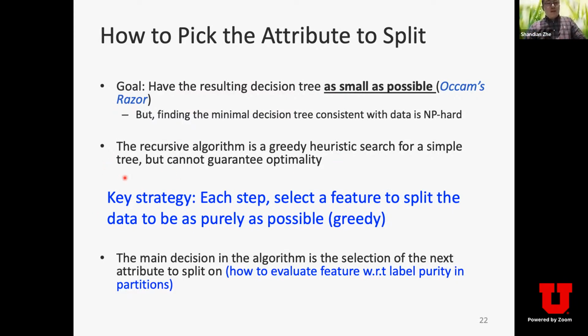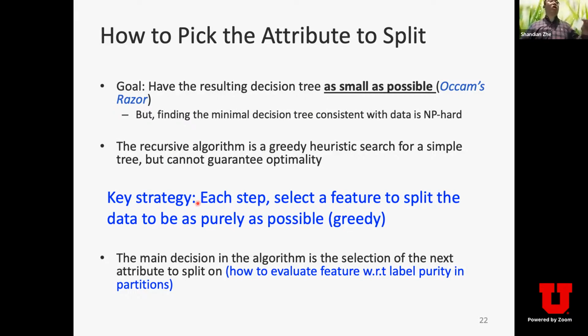And the strategy is as follows. At each step, we just look at the current attribute, right? At the current stage, we just look at one attribute. We hope that by using that attribute to split the data, we can make the split subsets of the data as pure as possible.